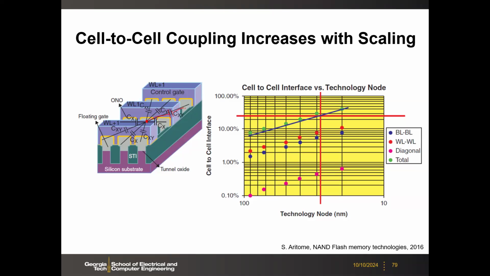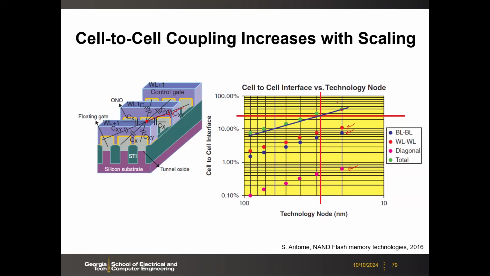But you have to add them together. So then the total coupling is more than 20% of your applied voltage may apply to other cells.